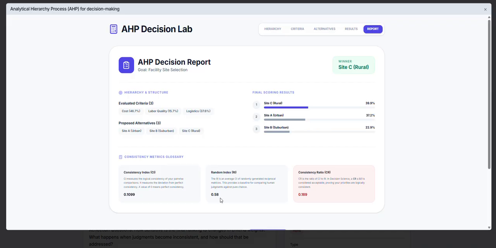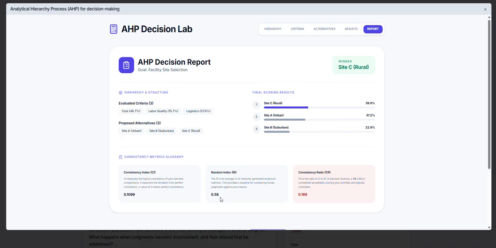Random index is the average of CI, the consistency index, randomly generated by these reciprocal matrices, and this gives an idea of when we're comparing human judgments against pure chance, so how random our responses were.